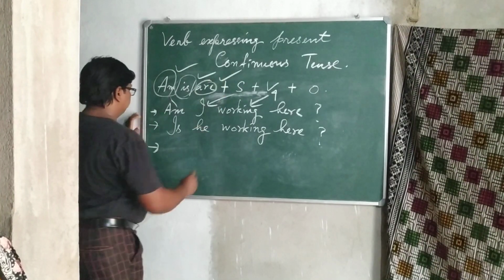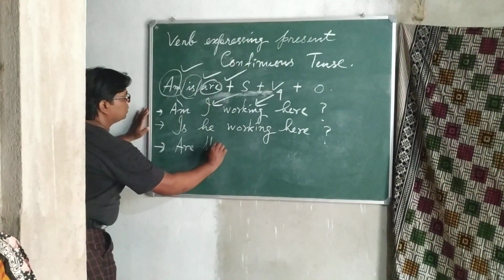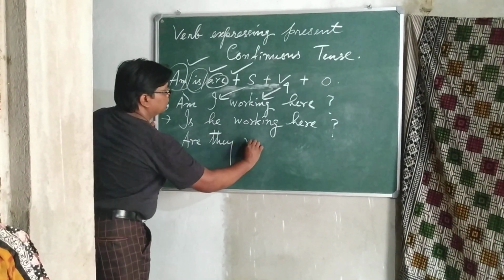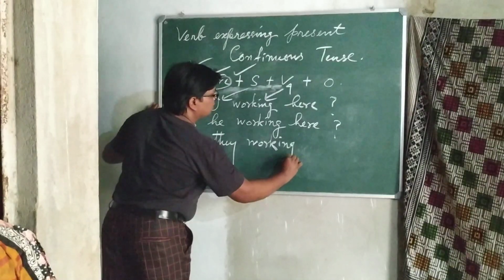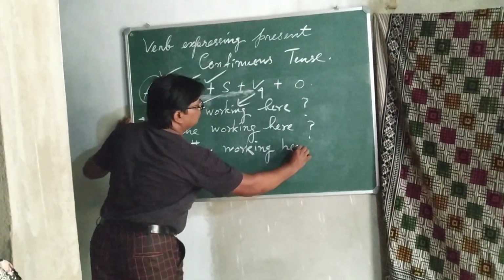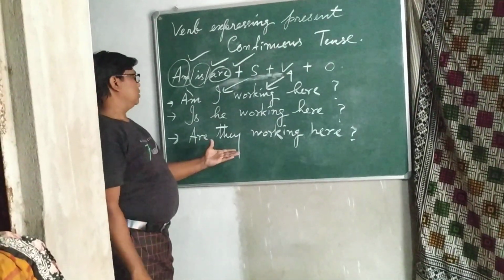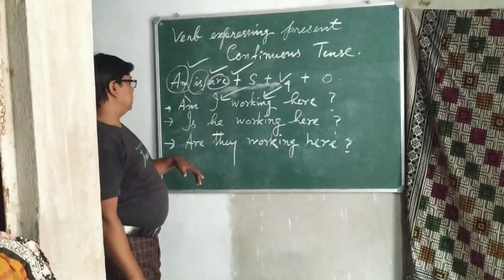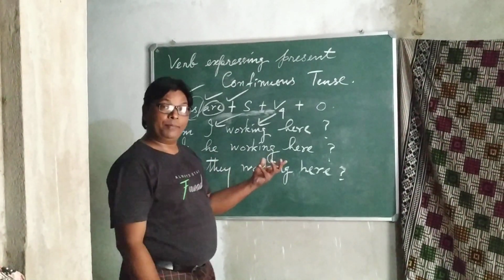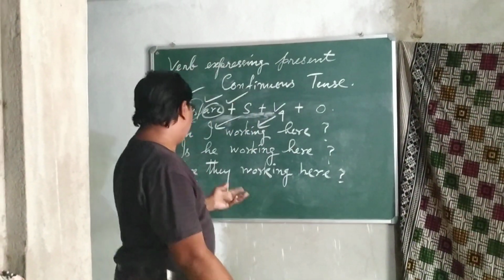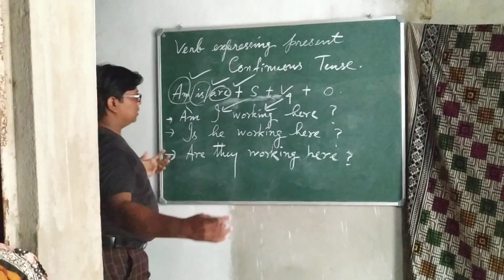Now the next one is uses of are. Are they working here? So these are interrogative sentences. I have also taught you that we can make double interrogative sentences.